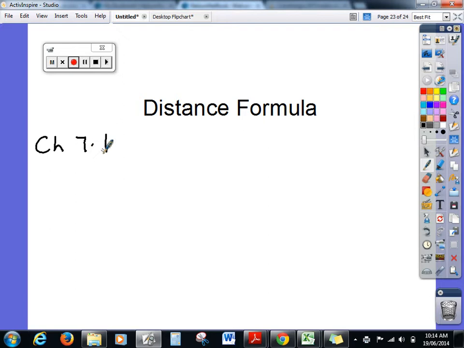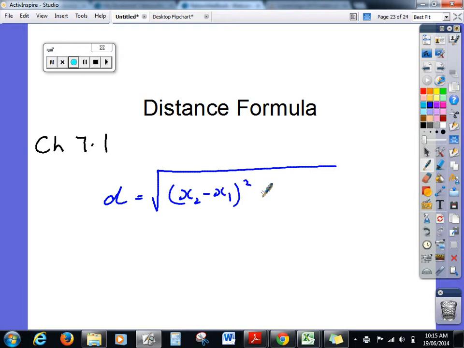We know from our studies in the junior school that the distance formula is given by d equals the square root of (x2 minus x1) all squared plus (y2 minus y1) all squared.